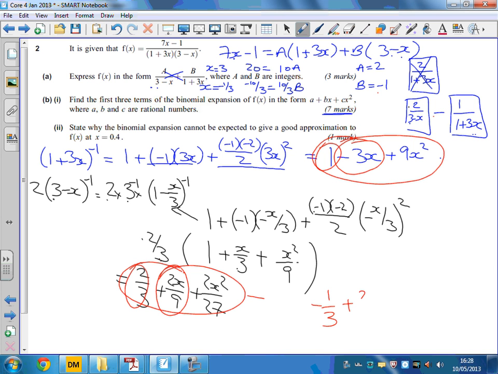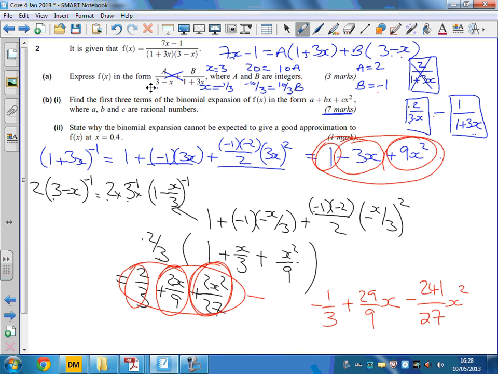We've got 27, an extra 2, makes 29/9. And finally, 2 over 27, take away 9. Taking away 9, got lots of 27ths there. It's 241 x squared.